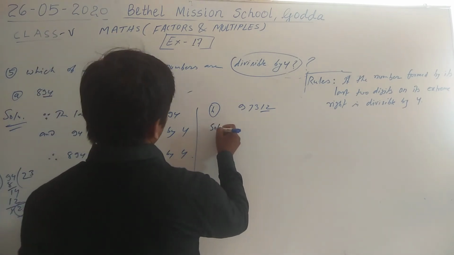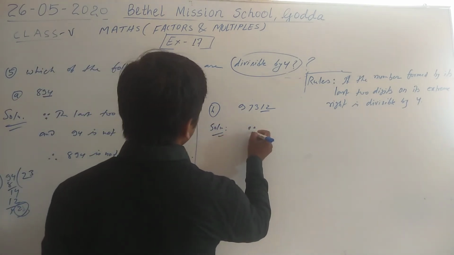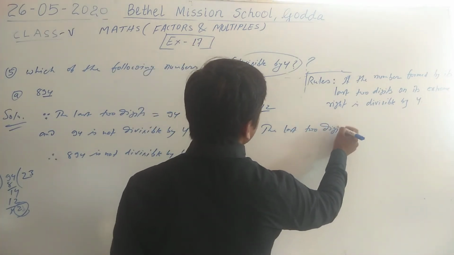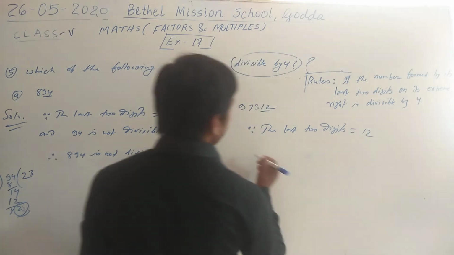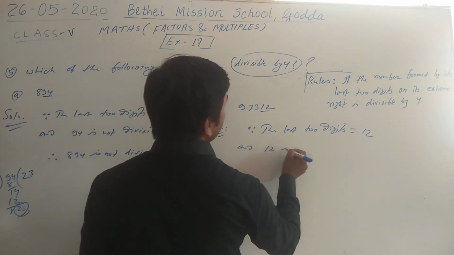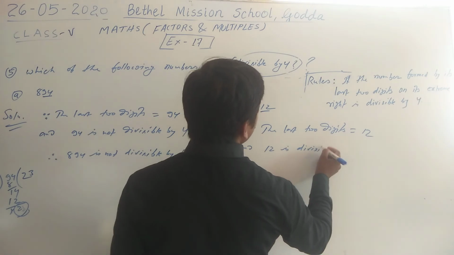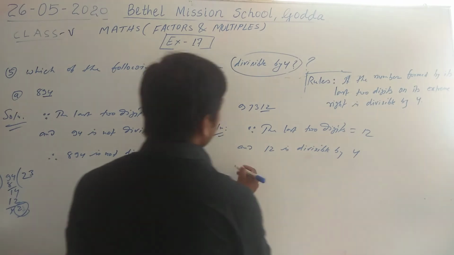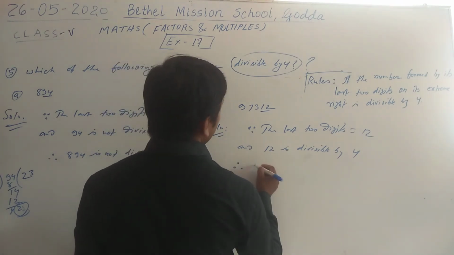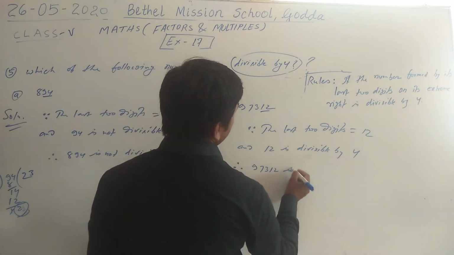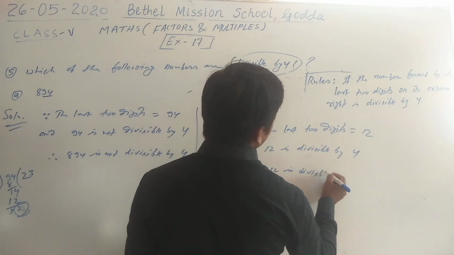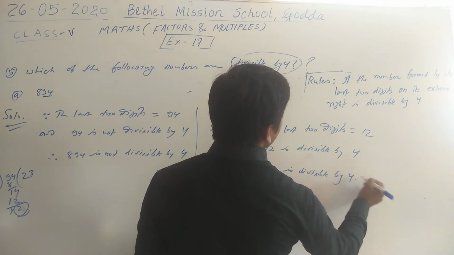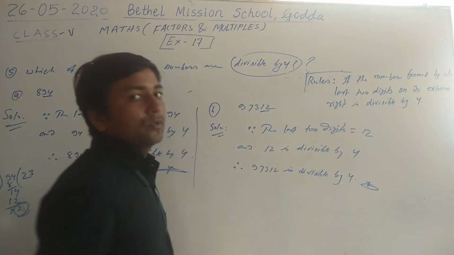So we will write: since the last two digits are equal to 12 and 12 is divisible by 4, you know already 4 times 3 is 12. Therefore, we have to write the given number is divisible by 4. This type you have to solve.